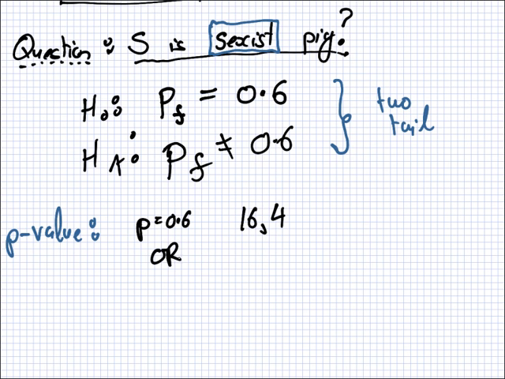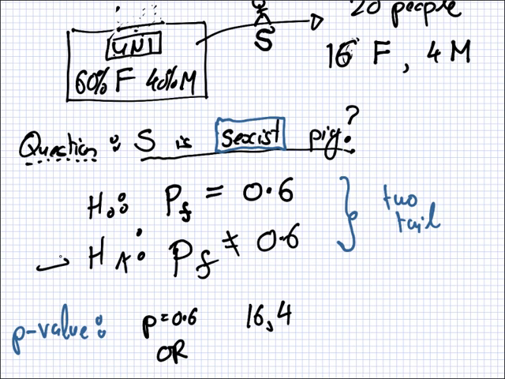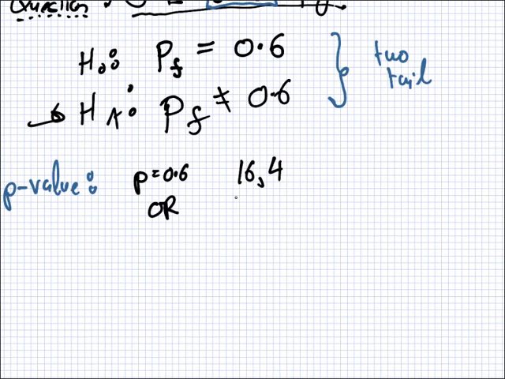Or, what would be more extreme? What would give us more evidence that they're sexist? The alternative. 17, 3. 18, 2. 19, 1.